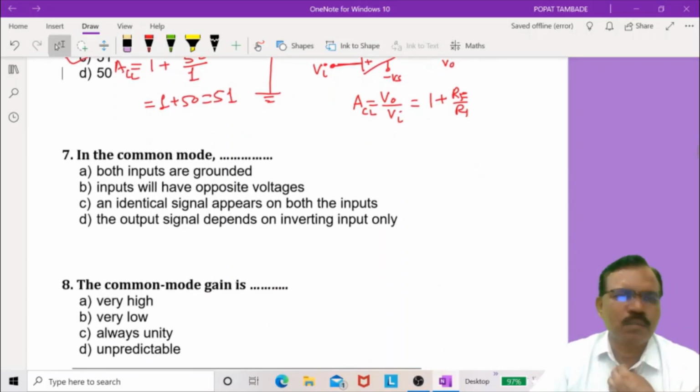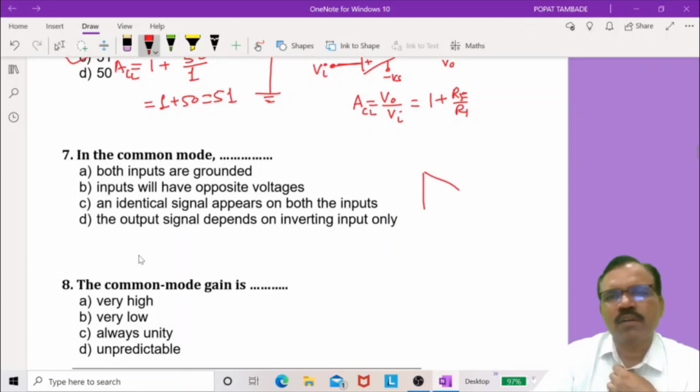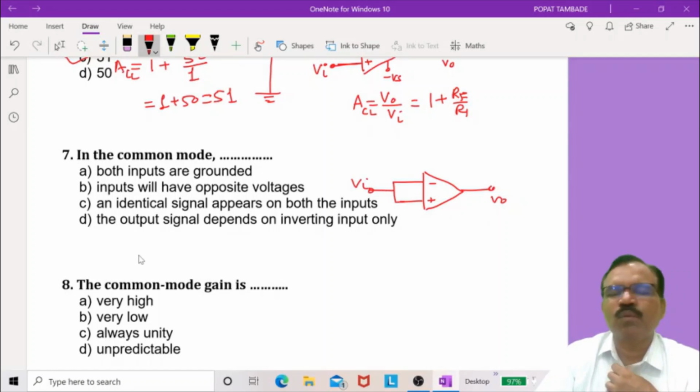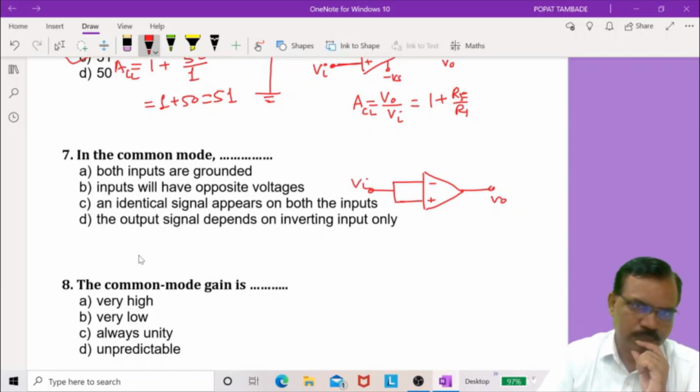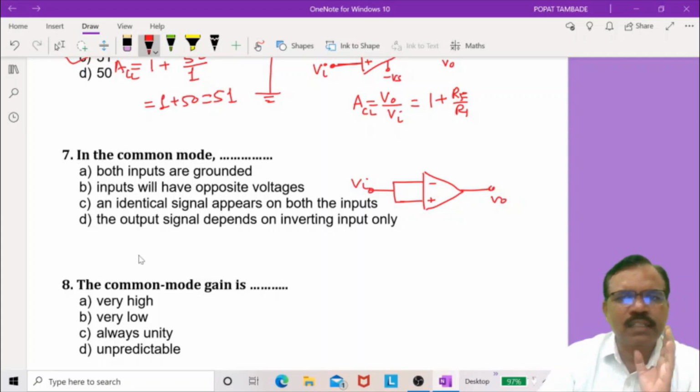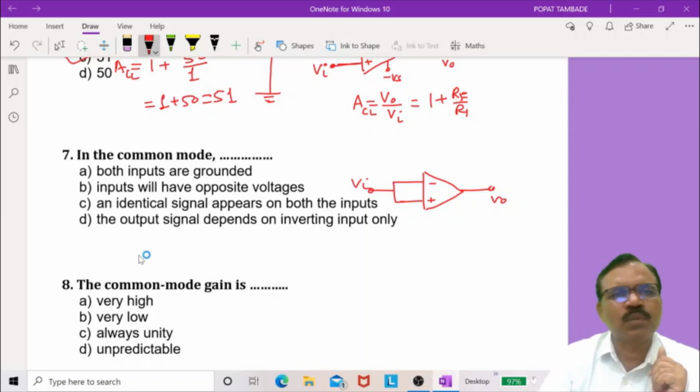In the common mode. So common mode means this is an operational amplifier, with inverting and non-inverting terminals and V0. In common mode, the same input is given to both the terminals, meaning identical signals are given to both the inputs.